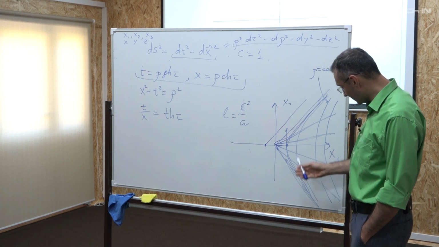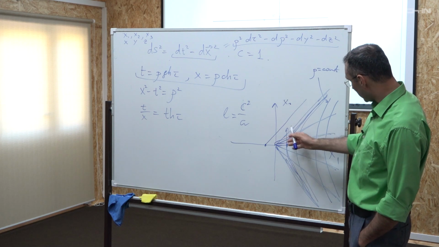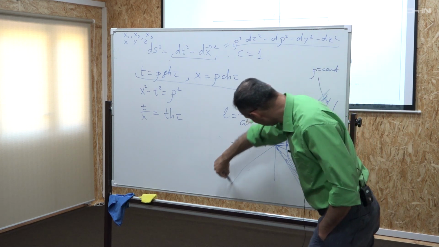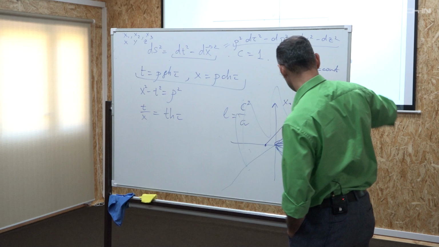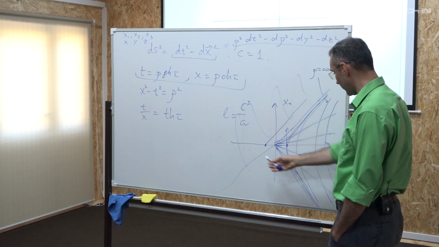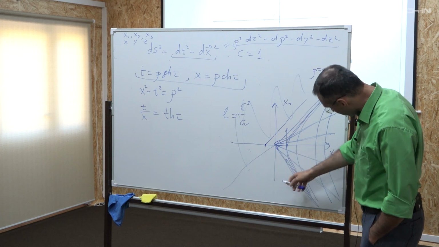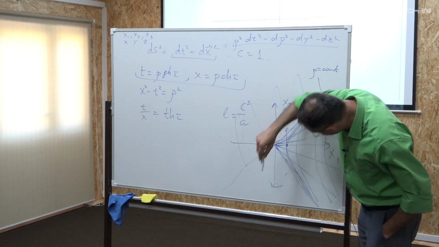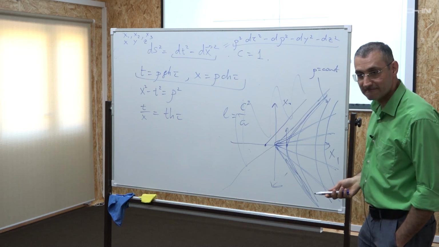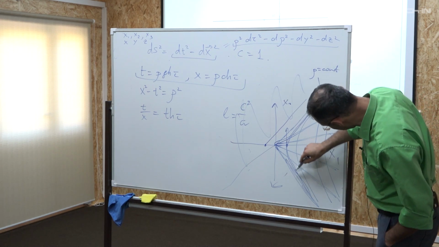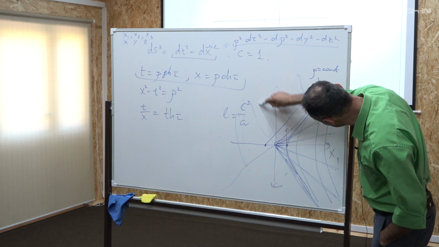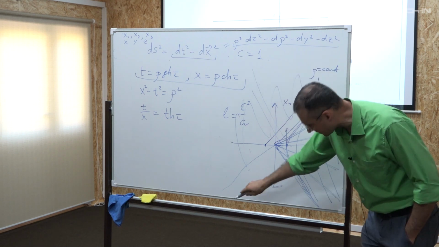So event horizon in the following sense: from this region, this particle will never receive any signal. Meanwhile, to this region, it cannot send signals. You see? If a particle emits a signal from here, it goes in that direction, but never into here.